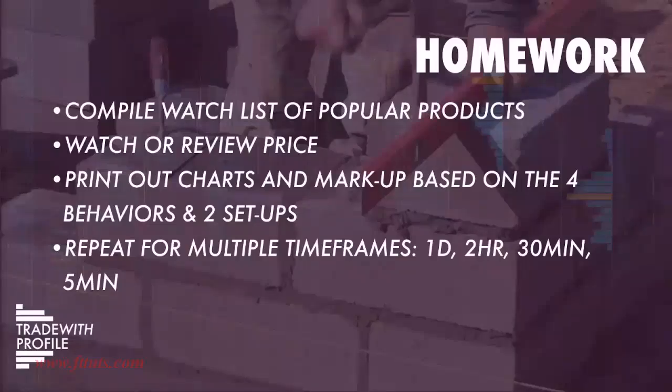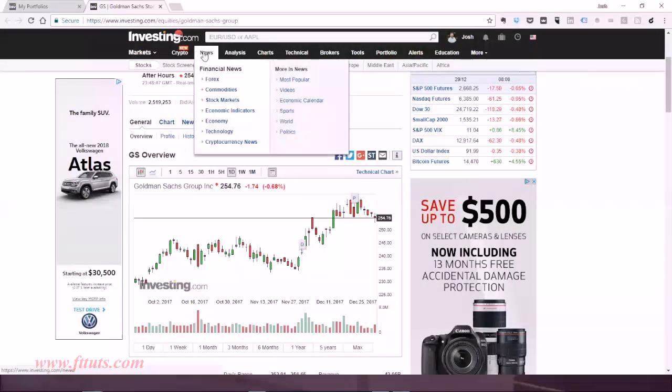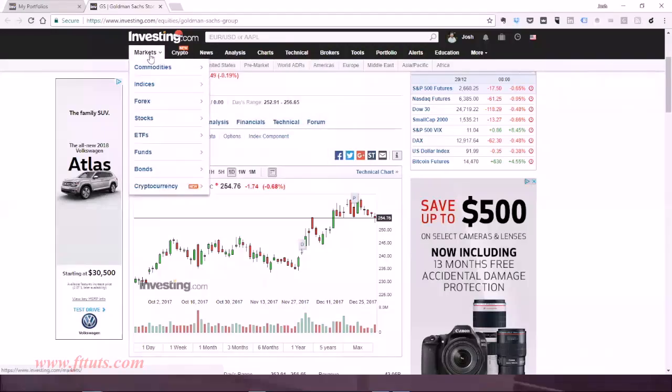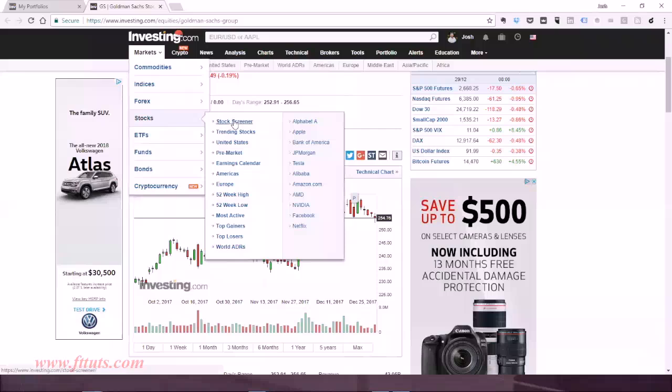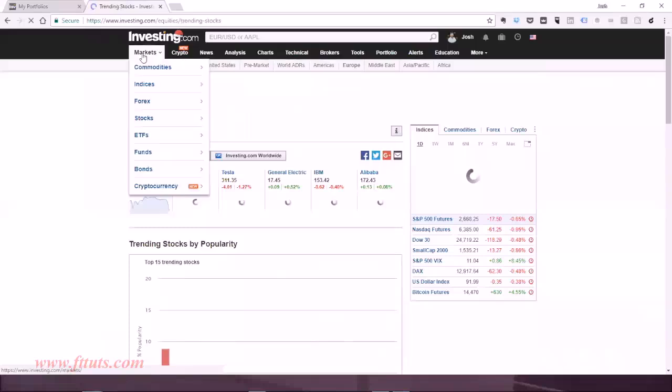If you're on investing.com and you go up here, you can look at specific markets and you can click on, okay, here's stocks, right? Trending stocks, or it's got a list of big stocks over here. Or most active. You saw that one. There's a most active.